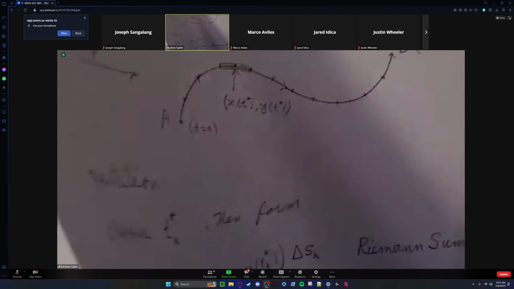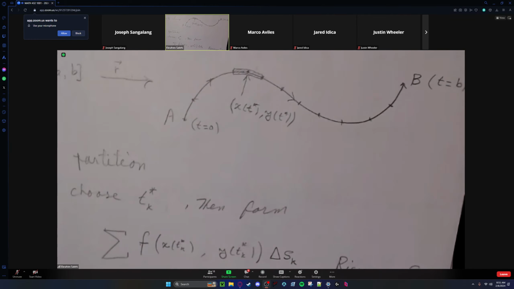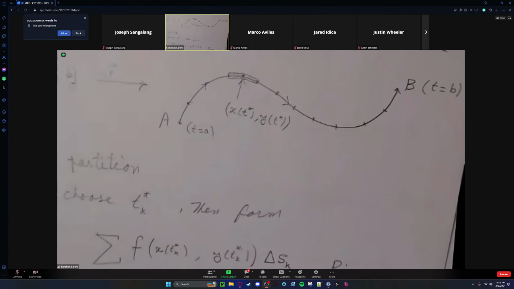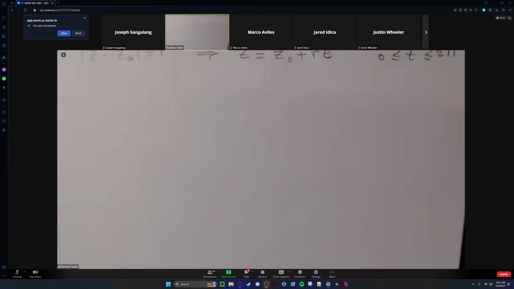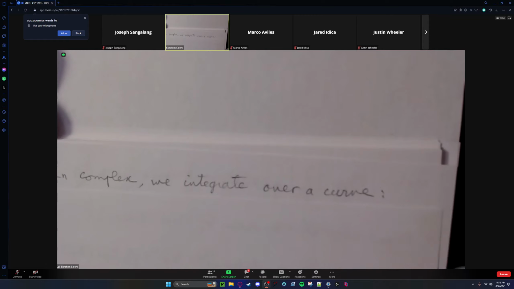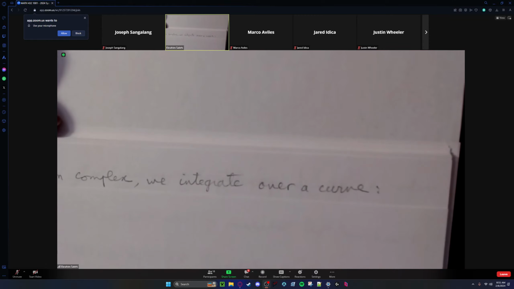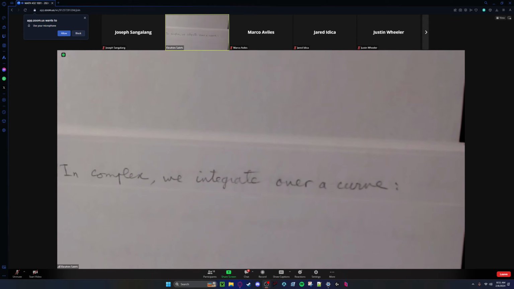So far so good. And now I'm going to talk about complex integration. Good news. In calculus, you have different types of integration, right?